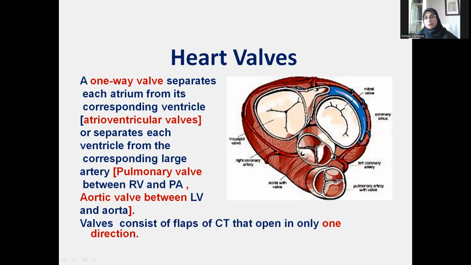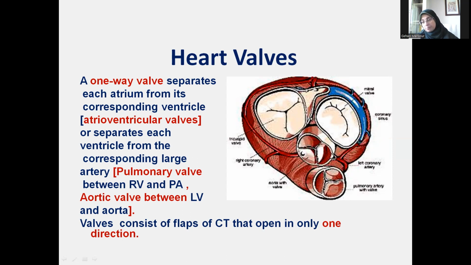But if I ask you specifically about the atrioventricular valves, which is not the most specific question about the valves because I haven't mentioned the name of the valve, you would say that the atrioventricular valves in general allow passage of blood. You wouldn't say oxygenated or deoxygenated because you don't know whether we are talking about the right or the left side. So you would say it allows the passage of blood in one direction and prevents backward flow of blood.